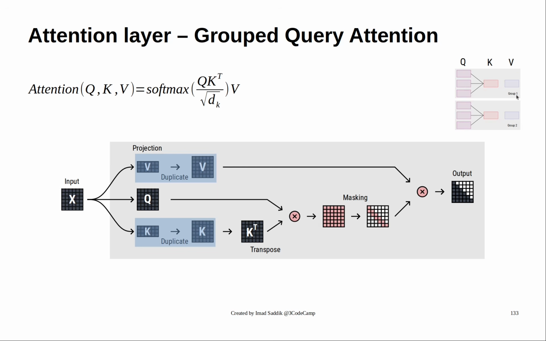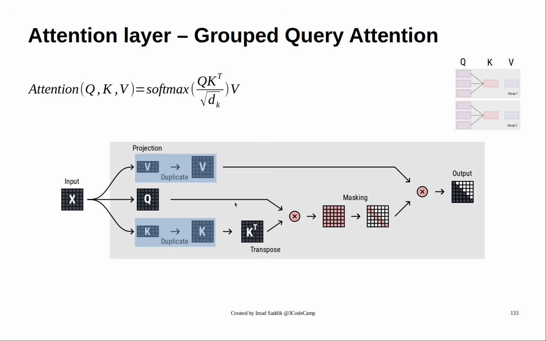You can see that in one group we have 3 queries, but we only have one key and one value. So if you try to multiply these 2 matrices together, you will get an error because the shapes do not match. And I tried to depict that with this change. So here you can see that query is bigger than V in size. So here we need to duplicate K and V multiple times so that we have the same size.